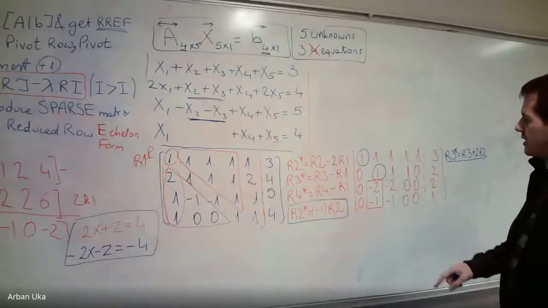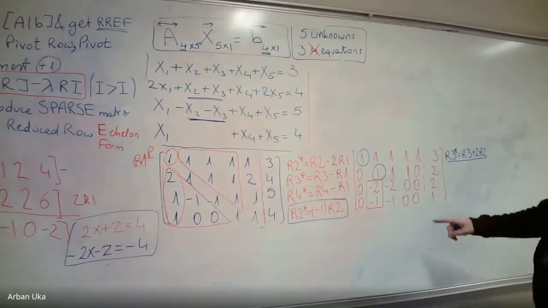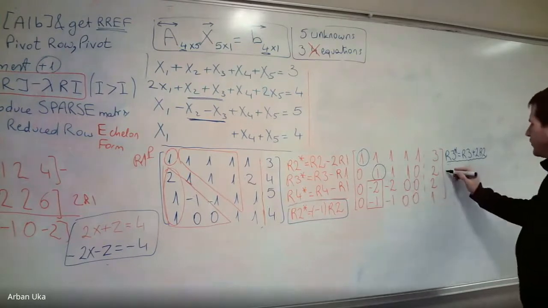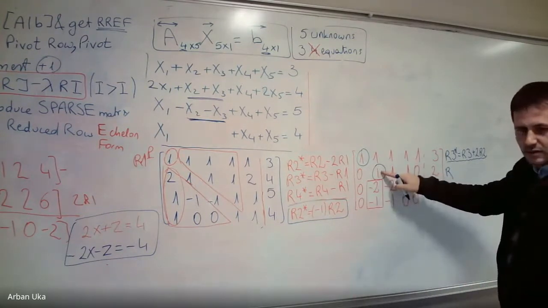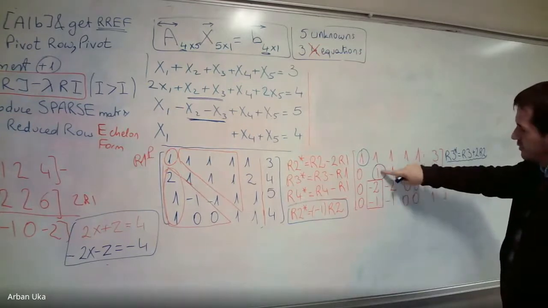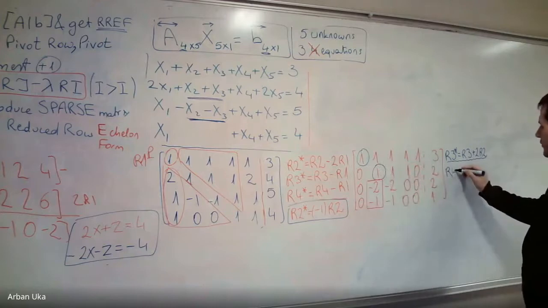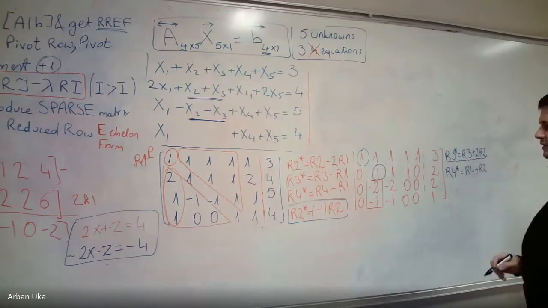Yes, and the 2 we get from here. What about row 4? How can we make this minus 1 into 0? We add 1. Would you agree? So we have a minus 1 here, you add 1 against 0. So this will be row 4 star, which is row 4 plus row 2. Okay?